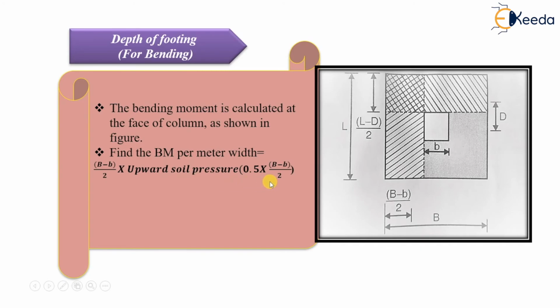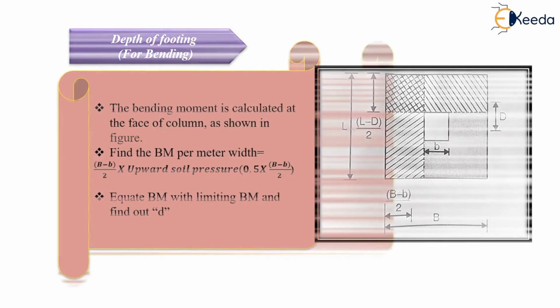Then after that we have to find out the limiting bending moment for that particular footing, and we have to equate this bending moment and limiting bending moment, and find out the value of effective depth. So until now we have three values of effective depth.